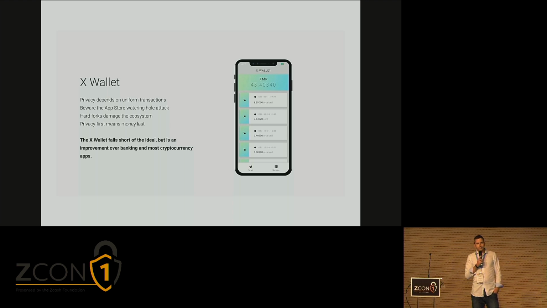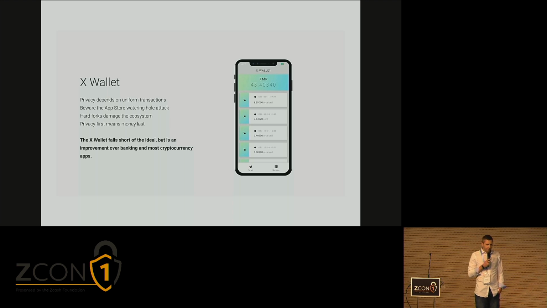The X Wallet is an interface for Monero, for creating Monero transactions on iOS. I want to give you a bit of a retrospective on where it came from and what I learned over the last 1.5 years.